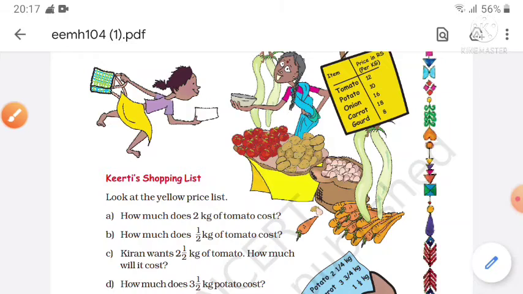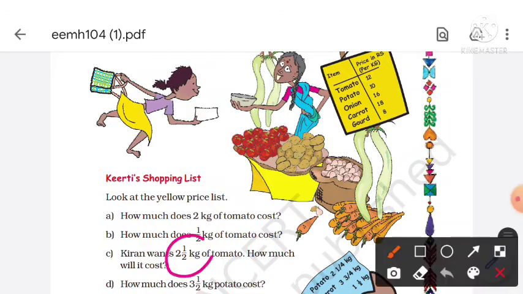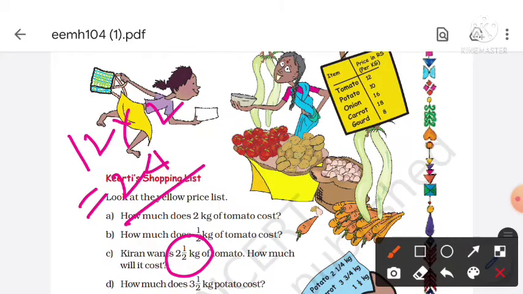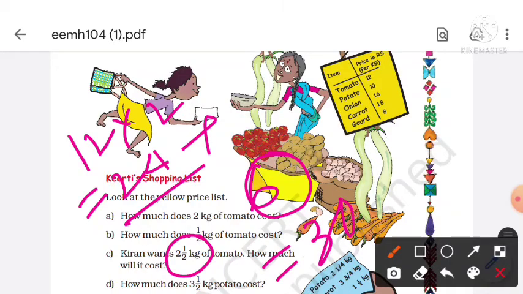For 2 kg it costs 12 into 2, that is 24, and for half kg of tomato it will be half of 12, that is 6. So the total is 24 plus 6, that is 30. So 2.5 kg tomato costs 30 rupees.